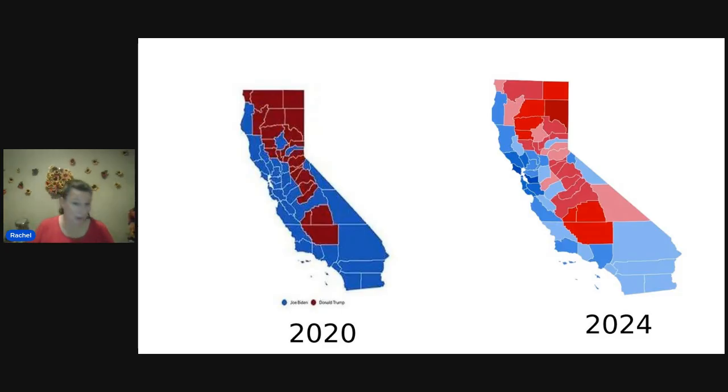Because as we in the valley know, we're a purple state. We're not a blue state. There's a lot of us, well, not us, but there's a lot of red voters there. So I think this is why they're losing. They know it, and they're trying to stem the tide, if you will.